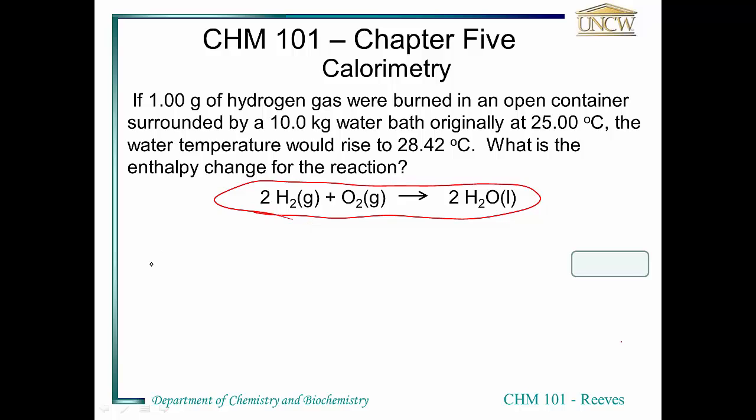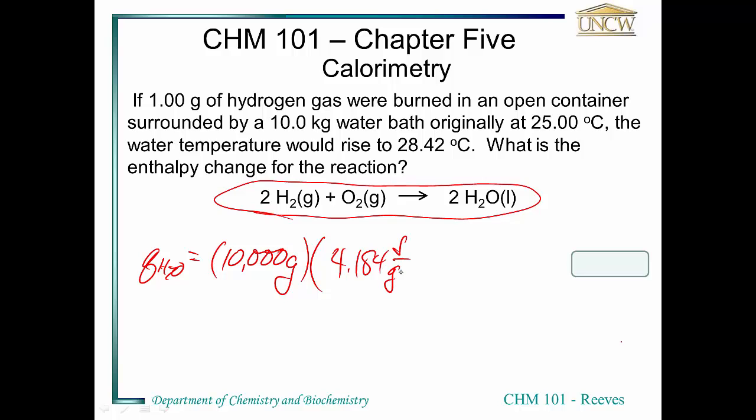And as I said before, Q for the water is going to be the mass of the water, which is 10 kilograms or 10,000 grams, times the heat capacity of the water, 4.184 joules per gram per degree Kelvin or centigrade, and the temperature change, which as you can see is 3.42 degrees.